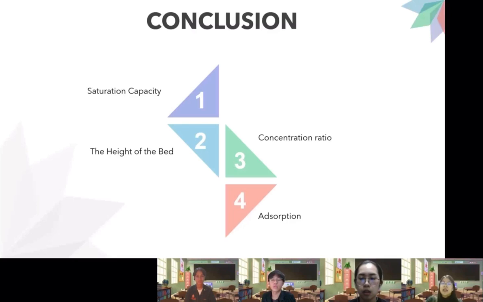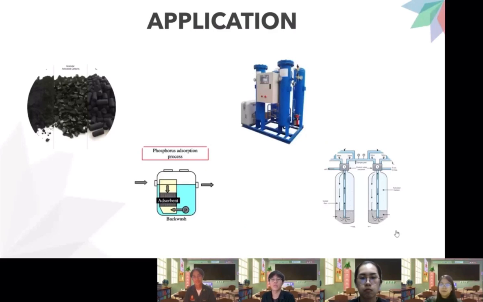adsorption is an effective way to remove toxic substances from the gas before releasing the gas into the environment. That brings the presentation to the end. From all of the above, it should make everyone understand the benefits of the adsorption process and the factors affecting it.